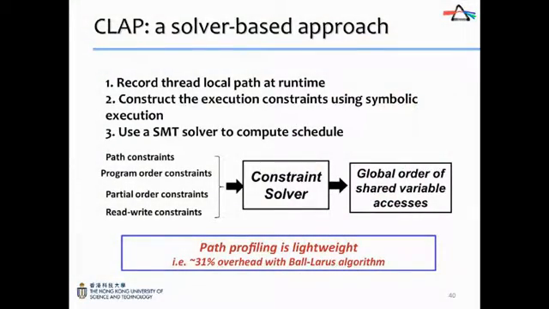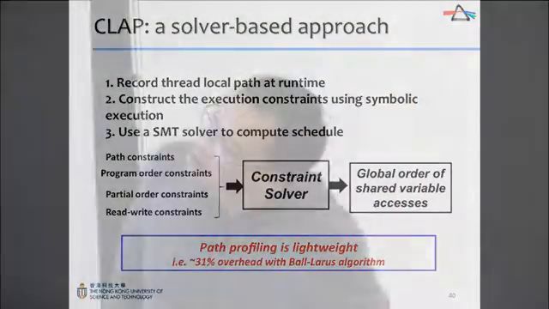So the basic idea of CLAP is not to use any synchronization at all. Let's just record thread-local paths at runtime. That's all we record, the local path. Then we can construct the execution constraints on all the shared variable computations using symbolic execution on the path, and we use SMT solvers to compute the schedule.